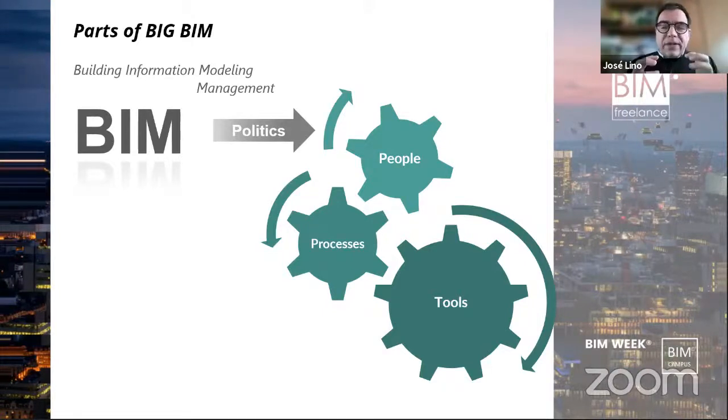And all of them are like indented wheels, wheels that are interconnected. You can imagine, Daniel, if you have a very good tool environment, you are incredible in your hardware, in your software, but you don't have people that know how to handle it, it's nothing. It's like having a Ferrari and not knowing how to drive, okay?